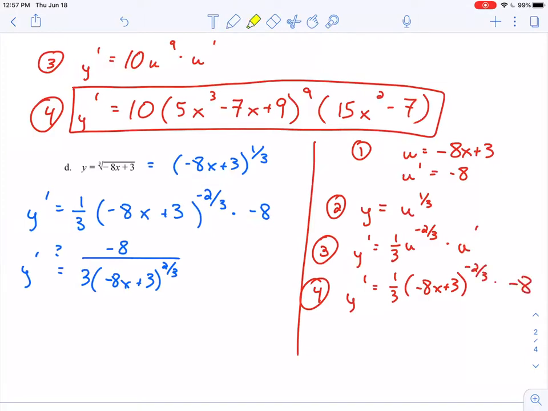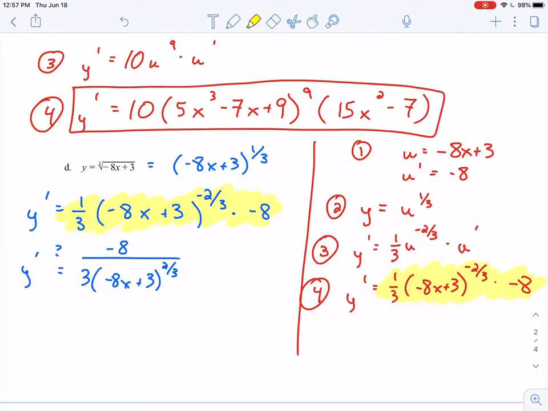And hey, look at this. This says exactly the same thing as what we've got right here. So we did, in fact, get the correct solution, using this abbreviated version of the chain rule. So that's an option for you as well.